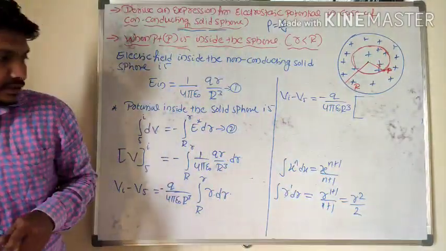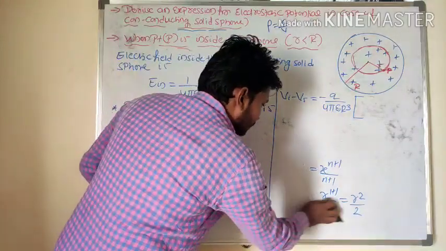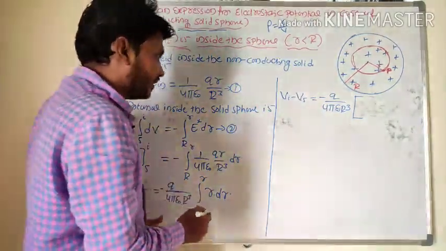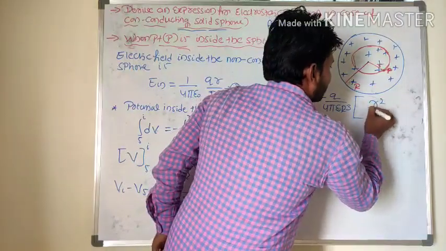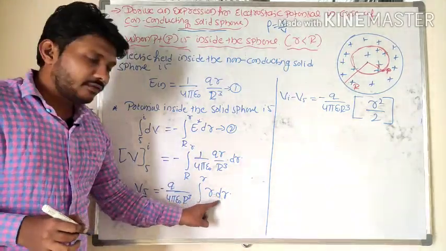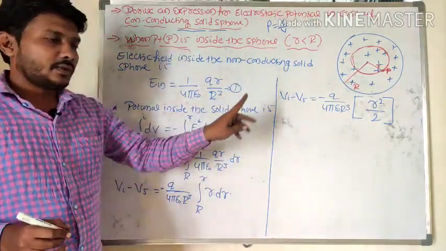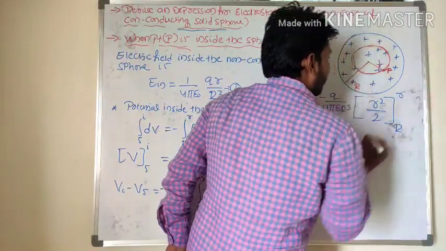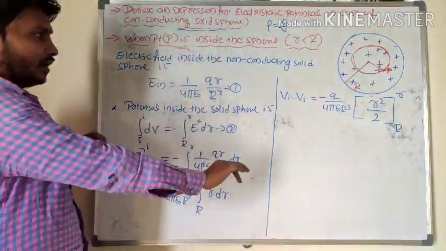Hope you understand this formula. In mathematics you will learn the details about that integration; I am just using a little bit of the equation here. Integration of r into dr is r square by 2 between the limits R to r.